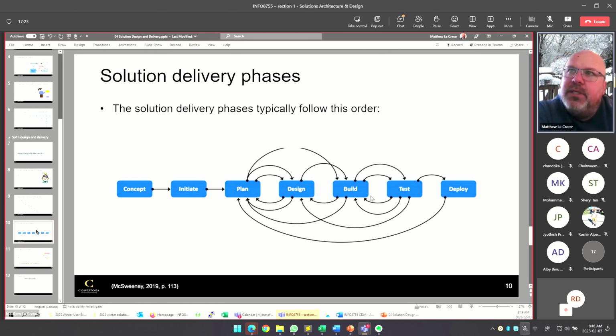So our design, build, test, and deploy are subsets of project management's execution. The planning for project management and the planning for your solution architecture are the same thing. Your initiation for project management and your initiation for solution architecture are the same thing. So hopefully you guys have figured it out. If you know the one, you know them both. So learn one of them.